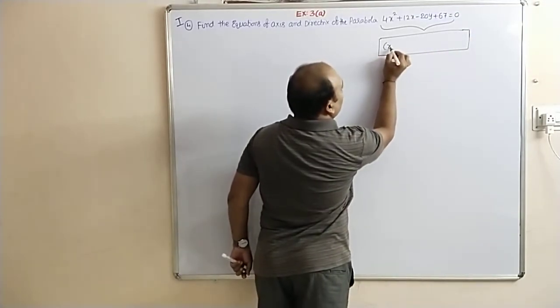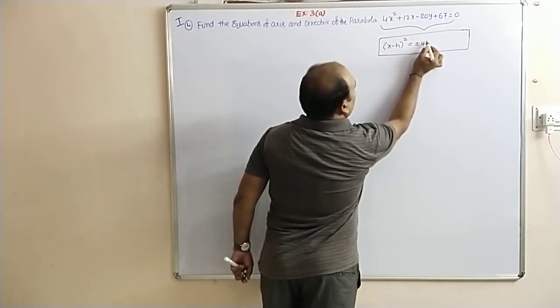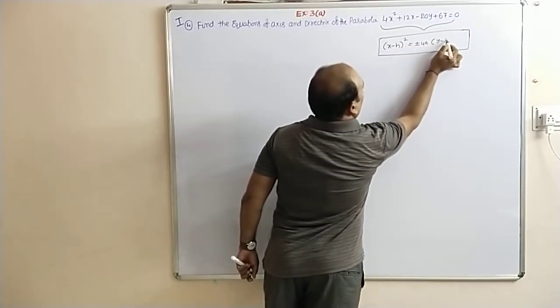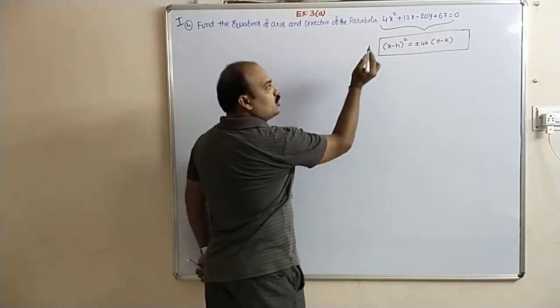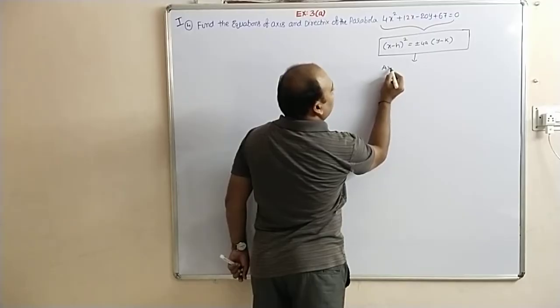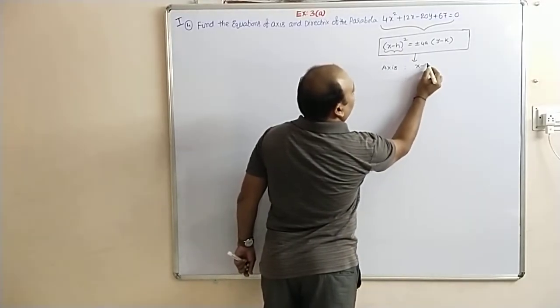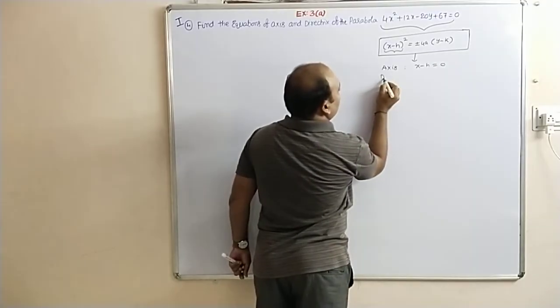So you have to make it into the form x minus h whole square equal to plus or minus 4a into y minus k. Whenever you reduce it into this form, for this parabola the axis is x minus h is equal to 0.